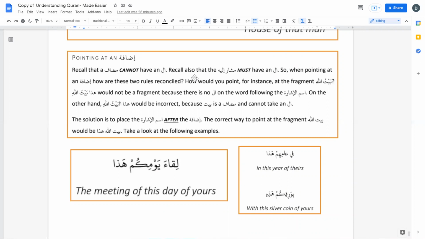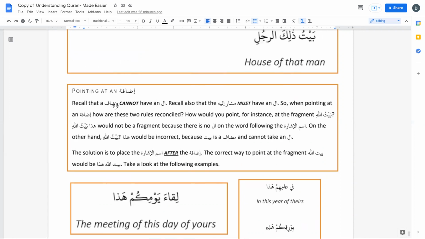Recall also, there is an important point over here. If we point to an idafa, so if we are pointing to a fragment of idafa, then the pointing ism cannot be at the beginning.